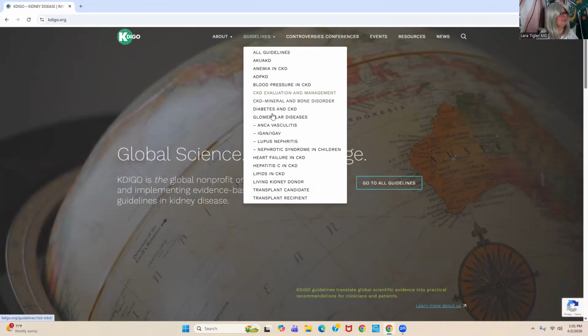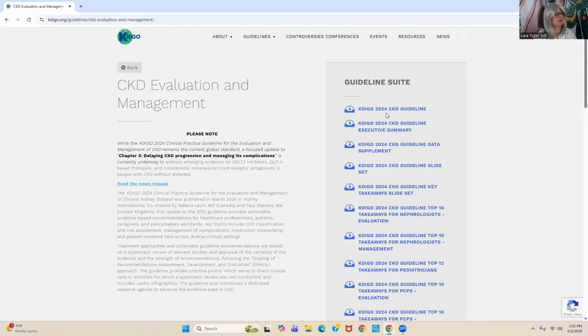But right now, the most up-to-date guidelines for CKD, see how it says the letters C, K, and D? Evaluation and management. On the far right side in this big column, at the very top, it has 2024 CKD guidelines. So that's what you're going to open up. And you can go to this general website and look up specific information that you need. It's open access to the public.